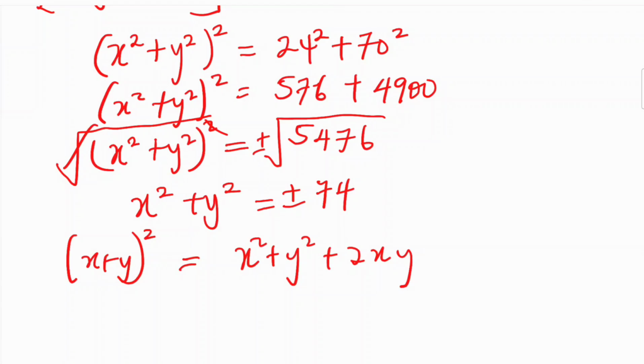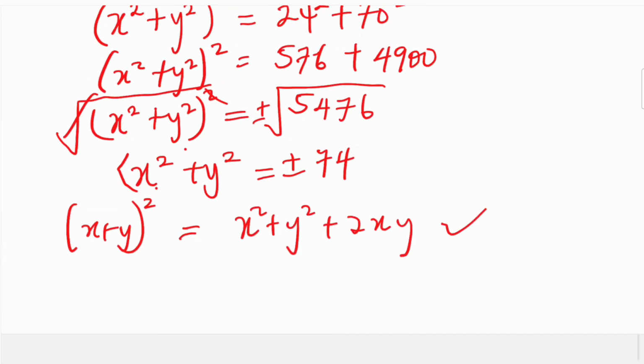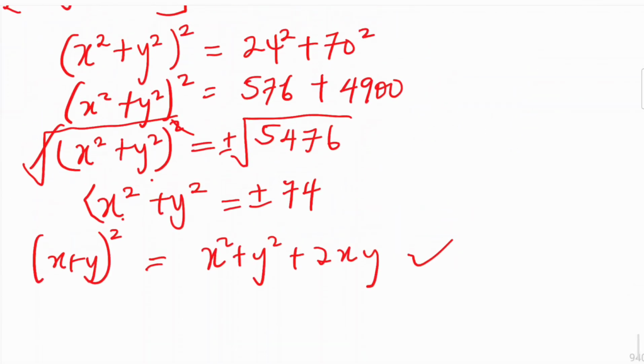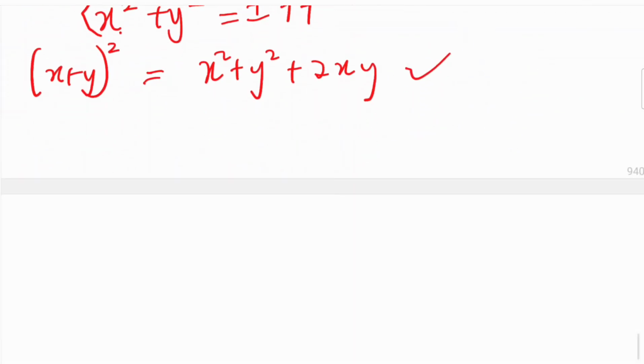So here we have gotten our x squared plus y squared to be plus or minus 74, and we are given our xy to be 35. So we can now plug it into this given equation.